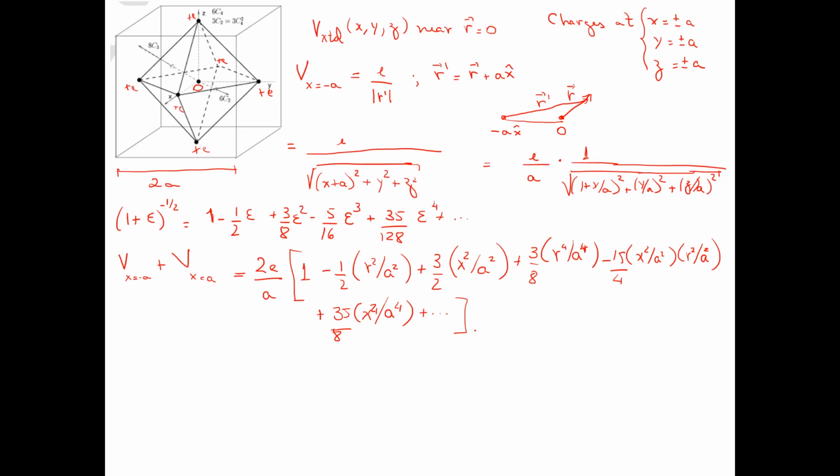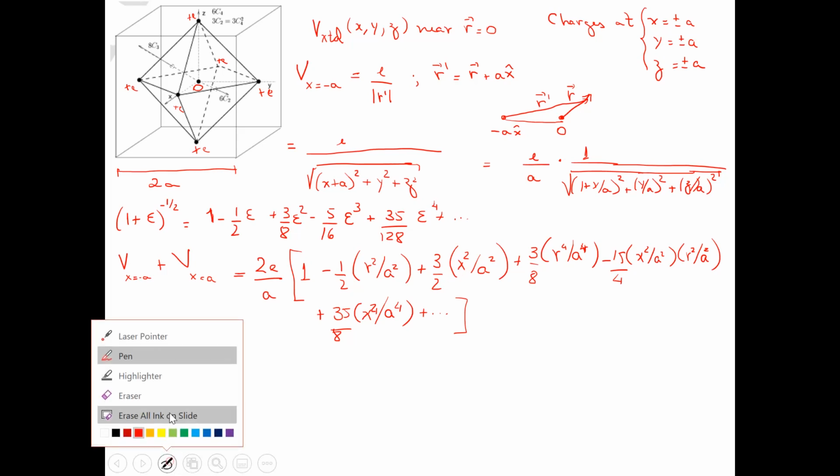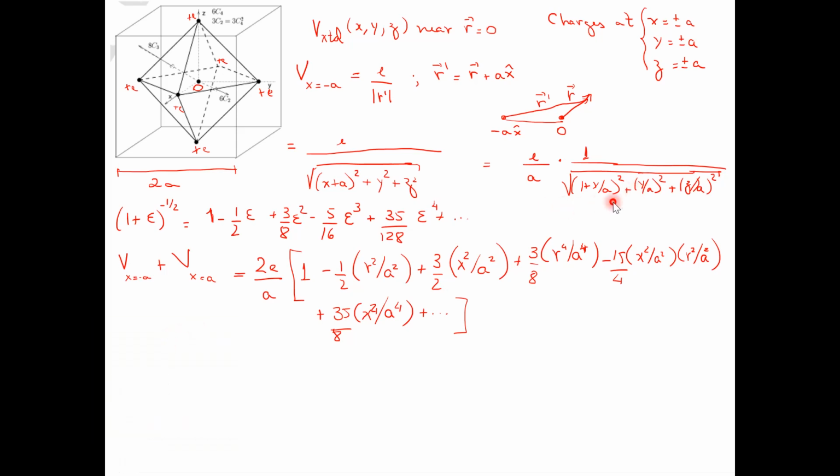If I do the same along the y and z-axis, you can already see the point I want to make. When you do the same for y and z, I'm going to have y squared and z squared over a squared here, and this is going to cancel this term here.